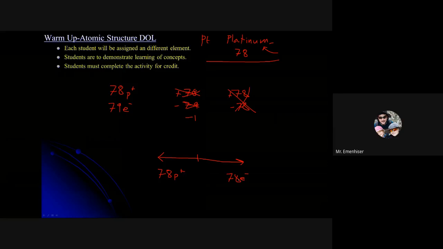So 78 protons will cancel with 78 electrons, but we have 79 electrons. So we have one left over. So that means that the electrons will win. There's one more electron. These are canceled out, right? The 78 protons are equal in strength to the 78 electrons, so nobody wins, right? But if we have one more electron that's added to this atom, well, then the electrons will win.